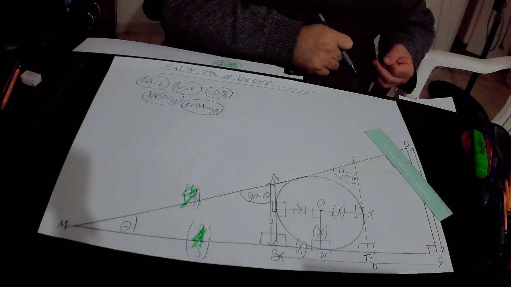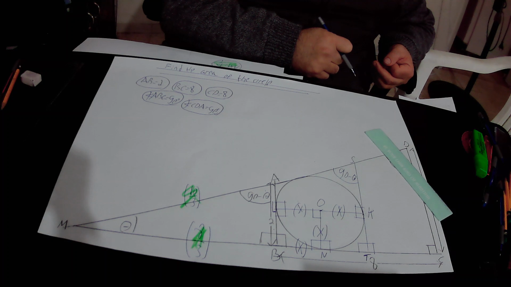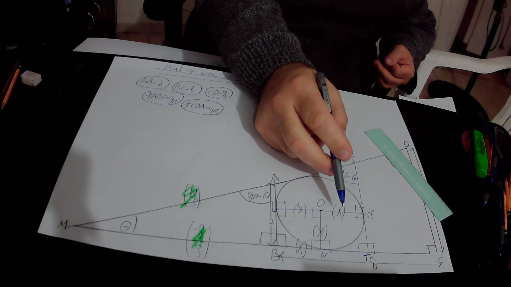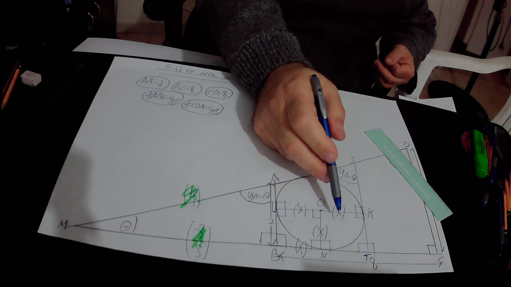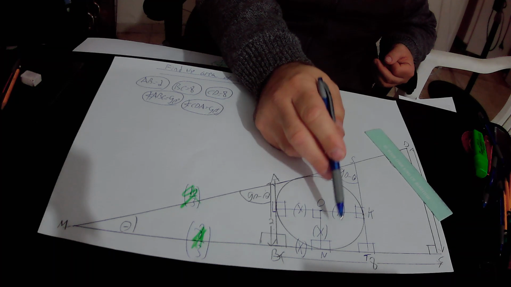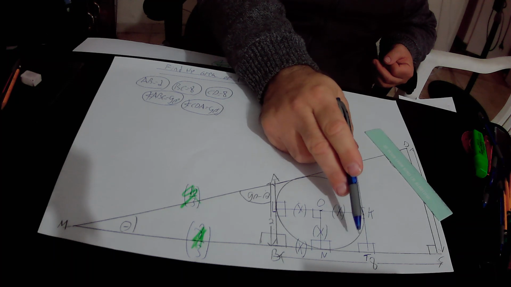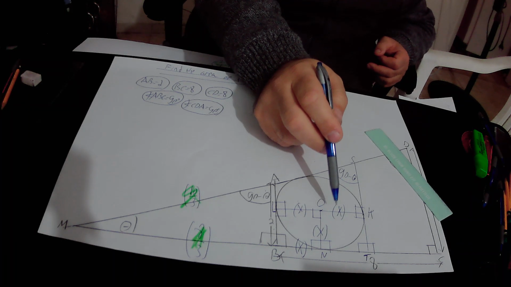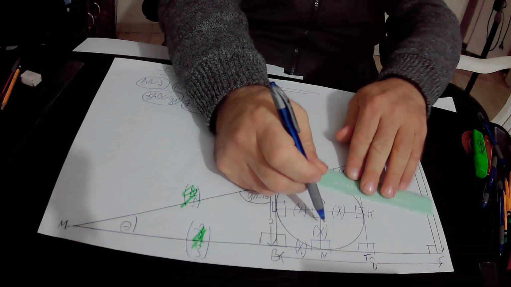In the next step, we will focus on this quadrilateral OKTN. In this small quadrilateral we have 3 right angles. Therefore, the fourth angle must also be equal to 90 degrees.